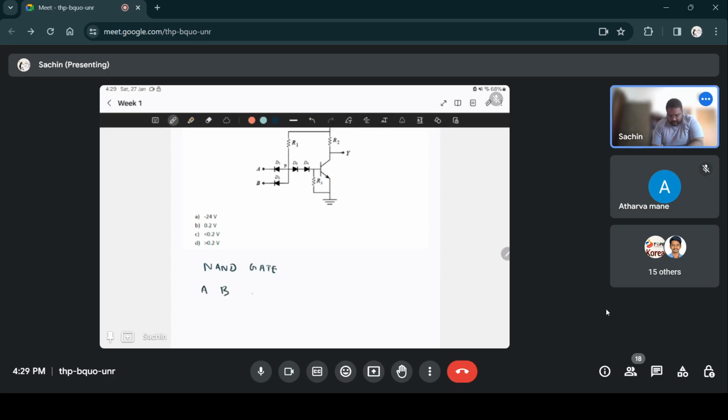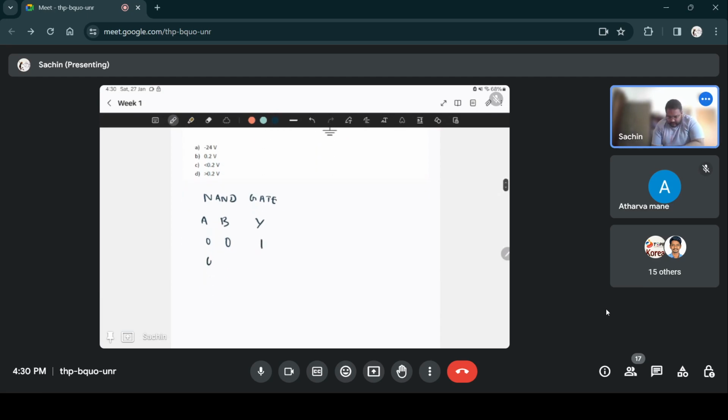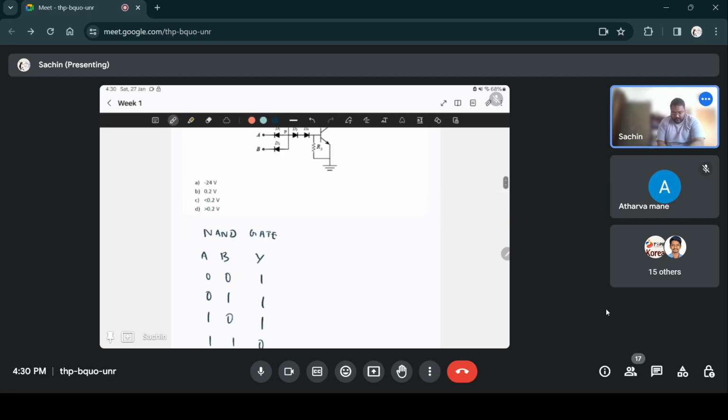A, B, and output. When both inputs are low, output will be high. When A is low, B is high, output will be again high. When A is high, B is low, output will be again high. When both inputs are high, output will be low.